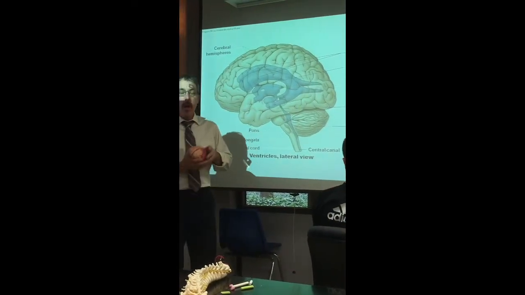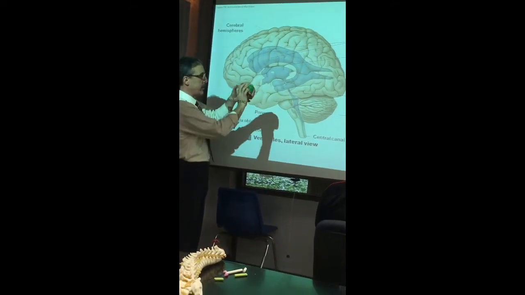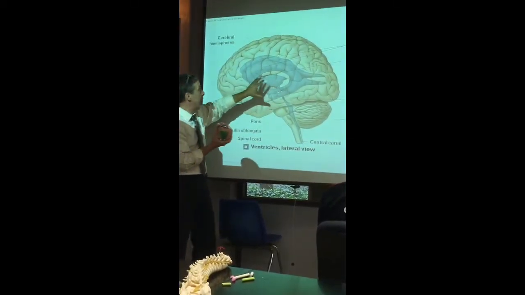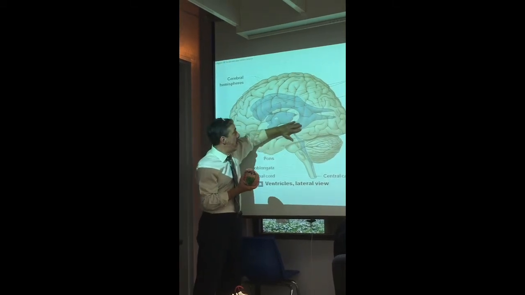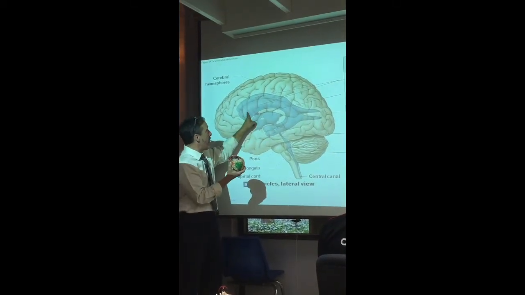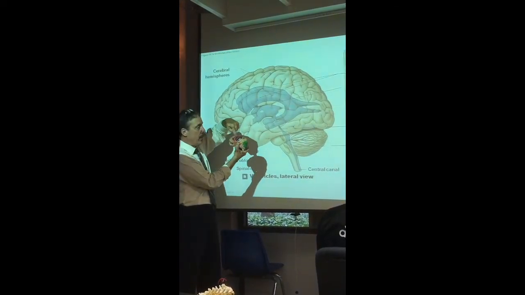Right here. In our brain, this is actually a good picture. Here's our brain. Inside, kind of watermarked in here, there is a system of hollowed out areas. These are called the ventricles. So, like this big C shape here sits in this cerebrum here.